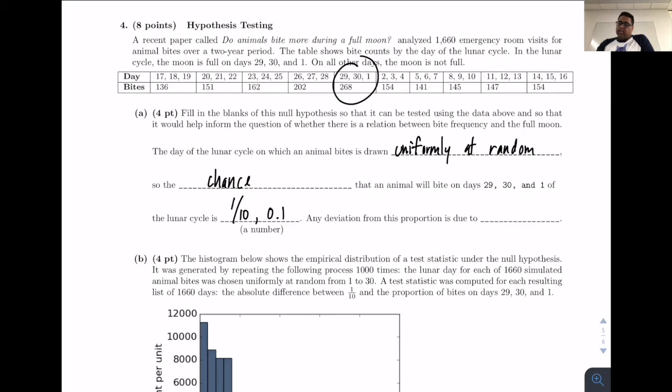And then, as always, any deviation from this proportion is due to random chance. So this is a quite typical hypothesis test setup. We're just starting off by believing what the numbers tell us, right? We can't assume anything that we haven't proven.